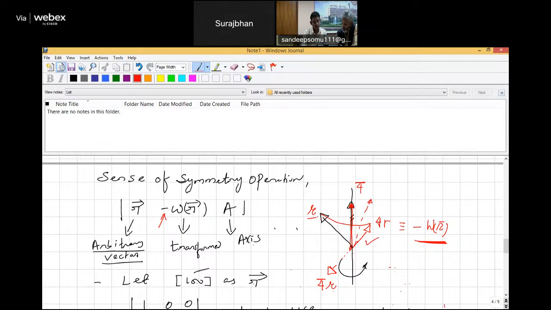If you take the cross product in the opposite sense, it will go in the other direction. And depending on whether the axis lies on the side of the cross product, the left-handed or right-handed system is decided.